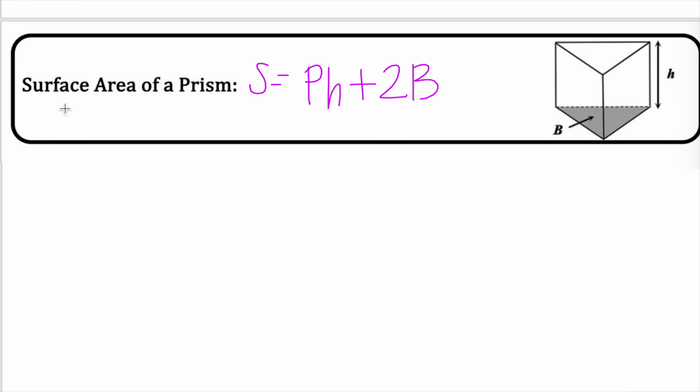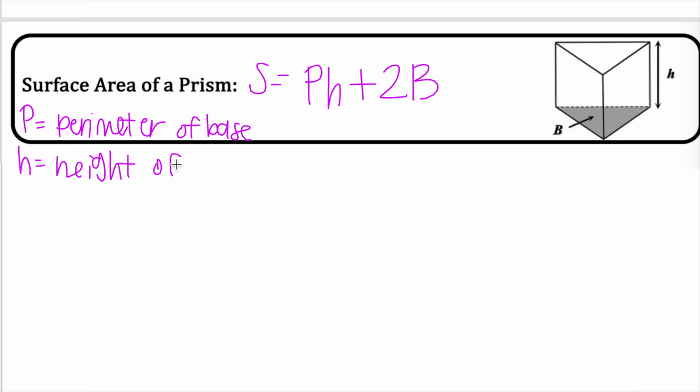So P is the perimeter of the base, H is going to be the height of the prism, and then B is the area of the base.